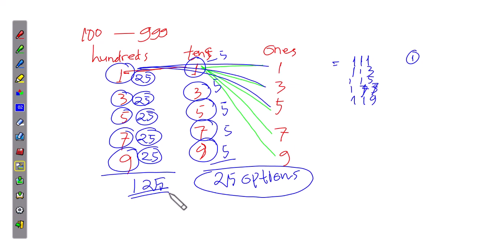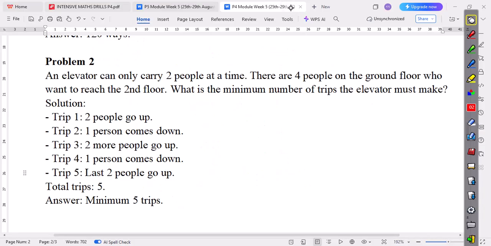Now let's see this question. An elevator can only carry two people at a time. There are four people on the ground floor who want to reach the second floor. What is the minimum number of trips the elevator must make? So this elevator can only carry two people at a time.